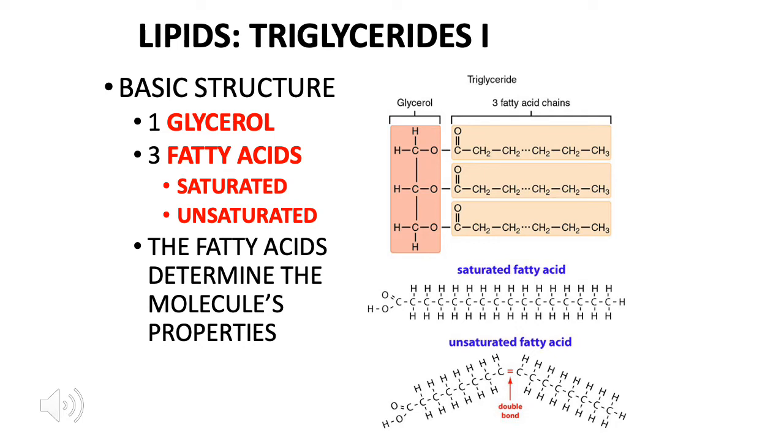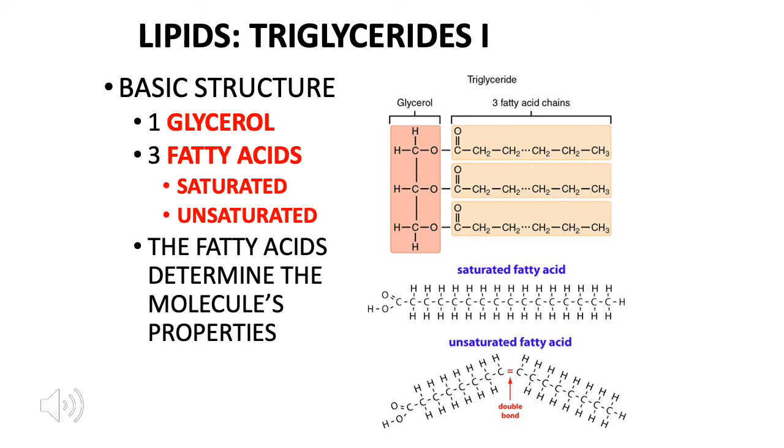The other thing it does is the double bond creates a bend or a kink in the actual chain. So saturated fatty acids, all single bonded, linear chains. Unsaturated fatty acids possess a double bond, and the chain is kinked.